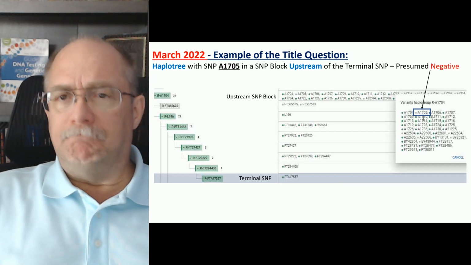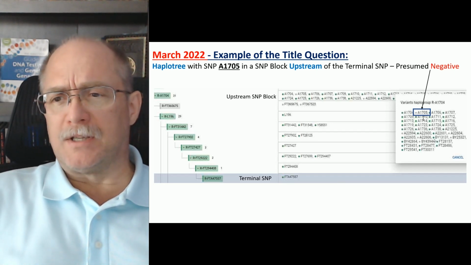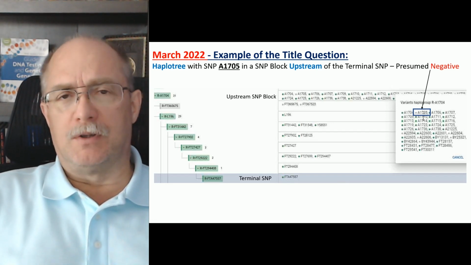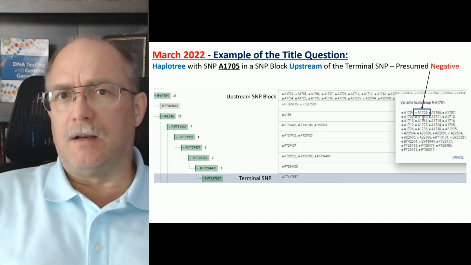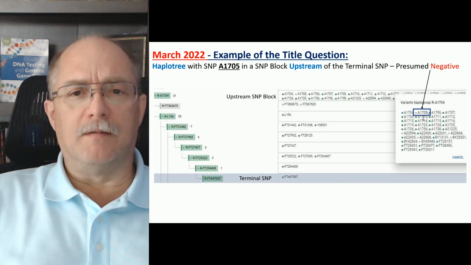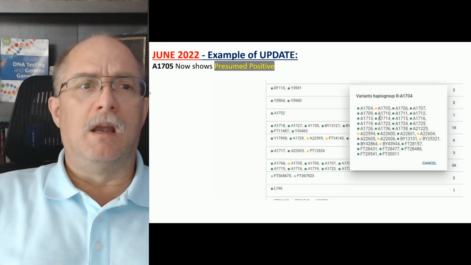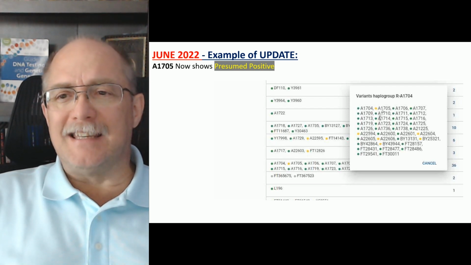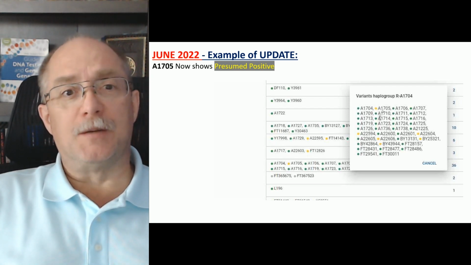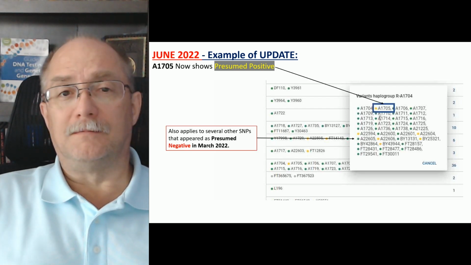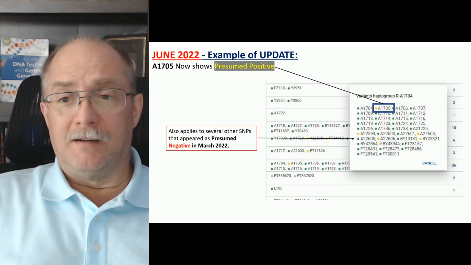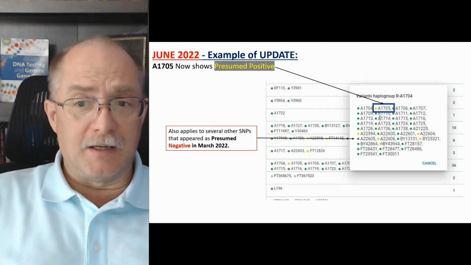And in that one, at the time, there were several blocks that were grayed out, and one I focused on, which is a key one to look at, we've been talking about internally in our project, is this A1705. It was presumed negative. Update for June 2022, that A1705 is now showing as presumed positive. This also applies to the presumed negative ones that were in this block below it as well.